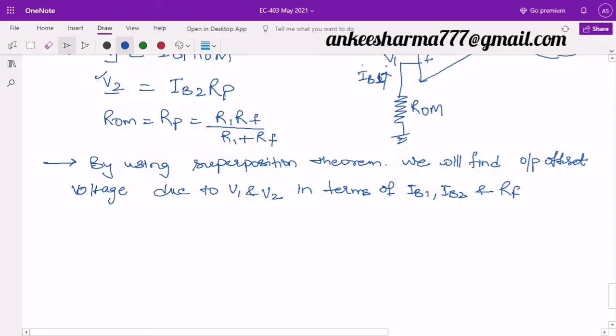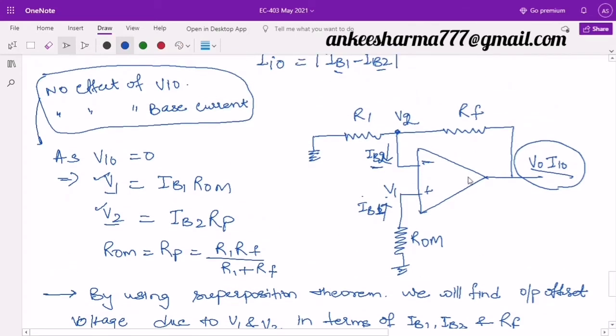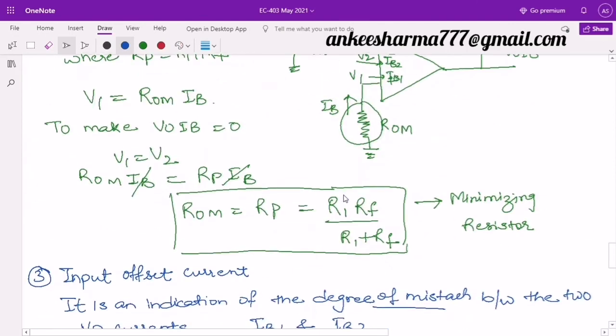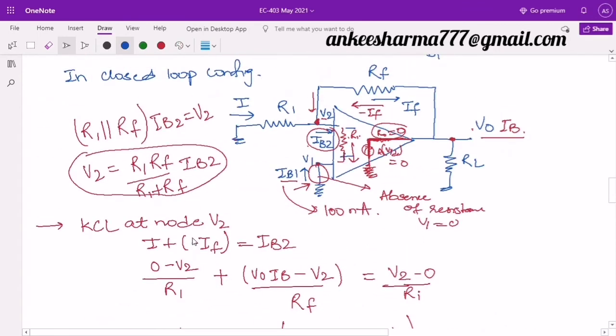So this is what we are going to do. I will make use of my earlier calculations. In the last topic, in the input bias current, we have already calculated VOIB2, which means the output voltage due to the IB2 part. It was equal to minus RF into IB2. If I go back and show you, VOIB was calculated over there equal to RF into IB2, but it was the complete output.